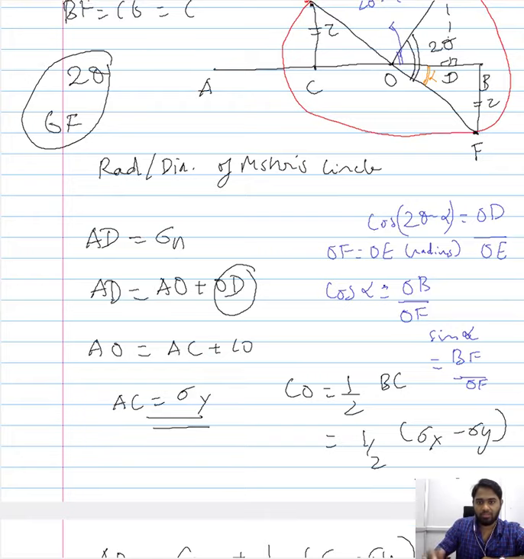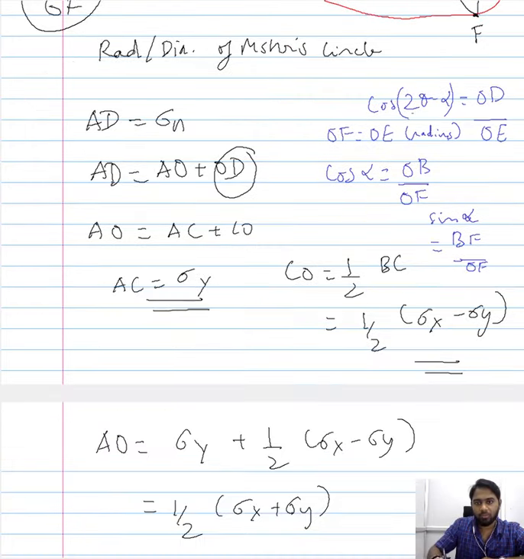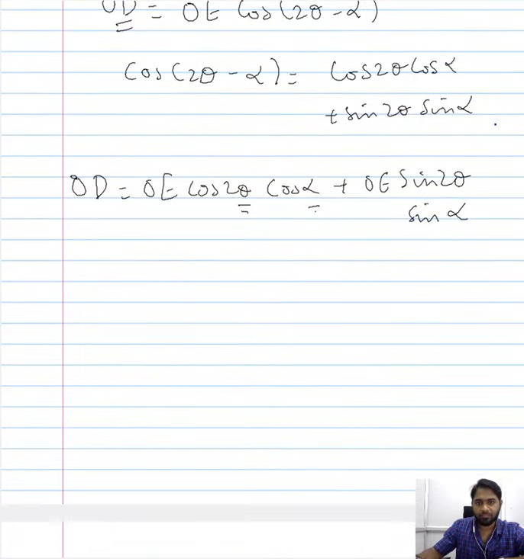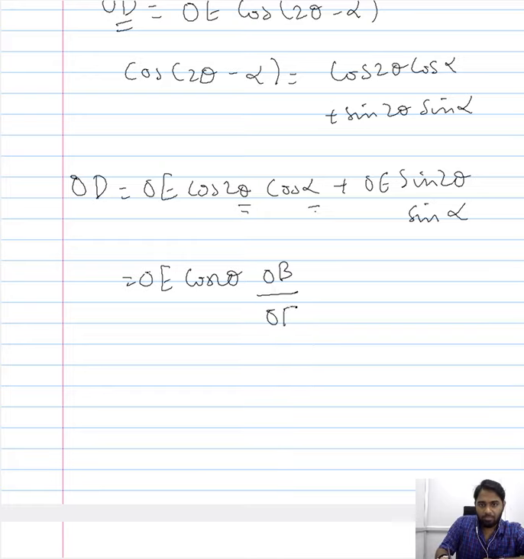So let us now try to express the cos theta and sin theta. Let us substitute these values in the expression. OB by OF is cos theta and BF by OF is sin theta. If you do that, it would be OE cos 2 theta OB by OF plus OE sin 2 theta BF by OF.